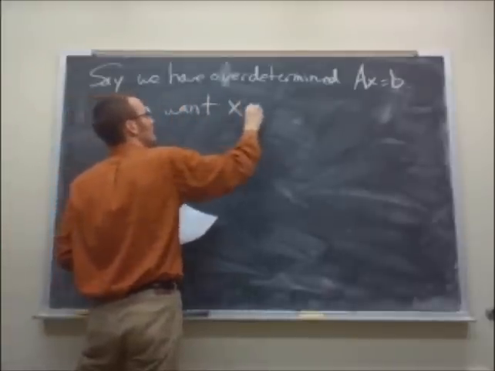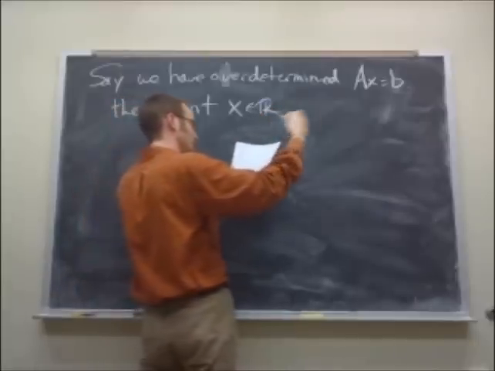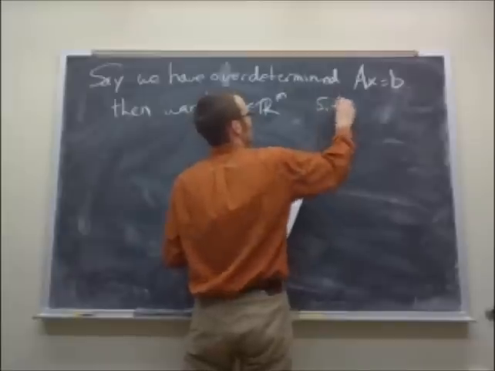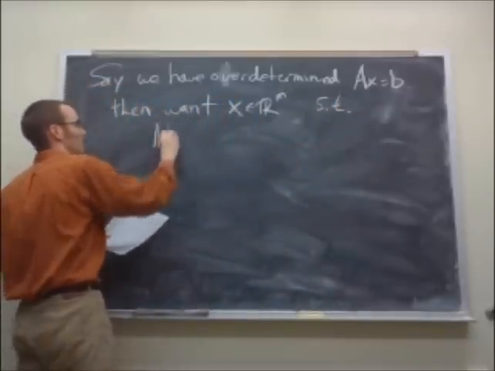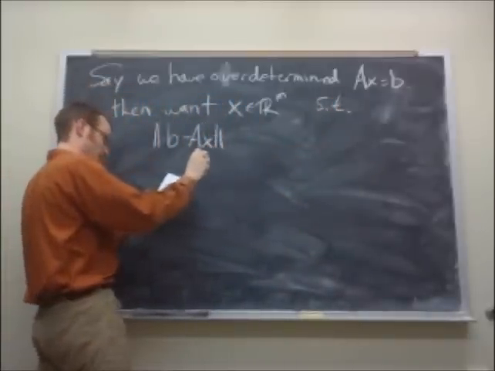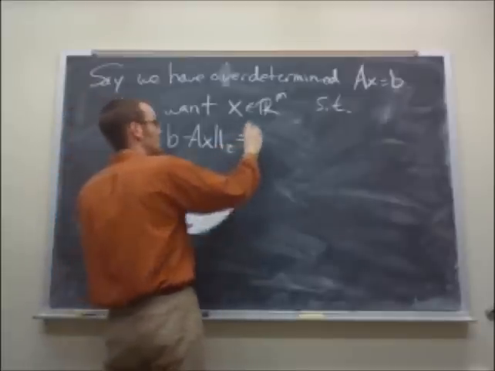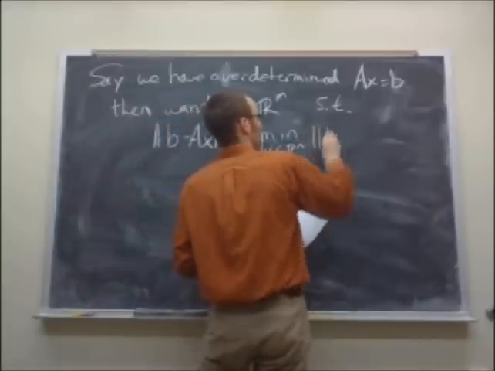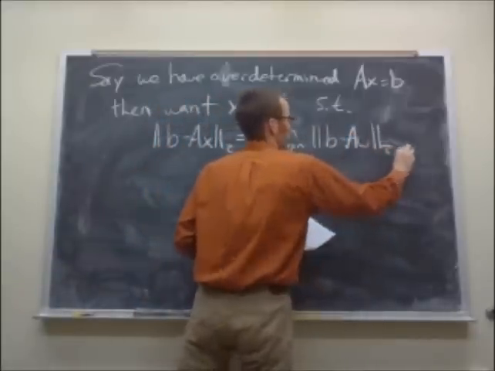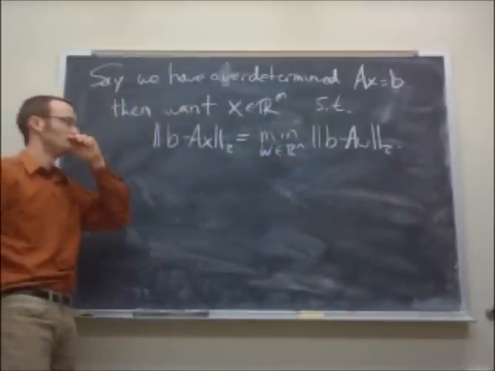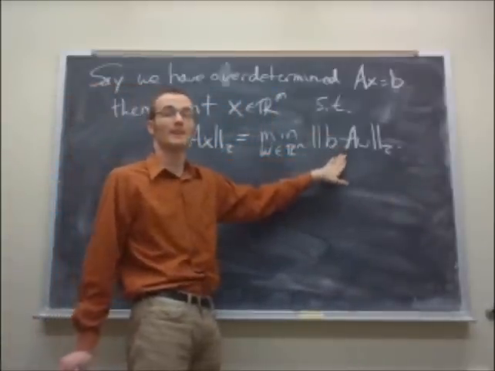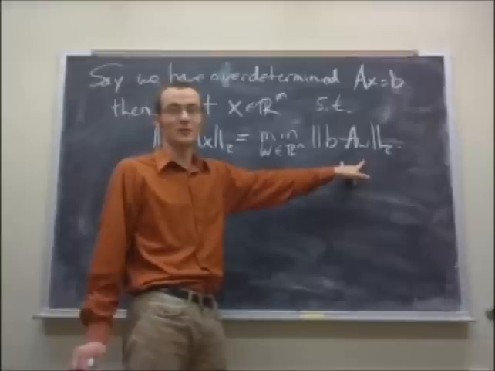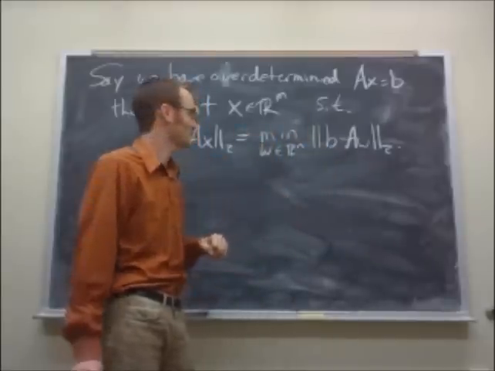Then, the least squares problem is finding x in Rm such that the 2 norm of b minus Ax is the minimum over b minus Aw. So again, this is the minimum of this quantity. This is the residual, right? So we want to minimize this. That is the definition of the least squares problem.